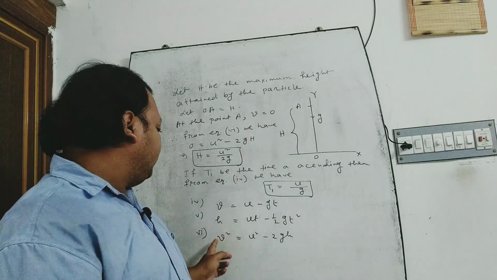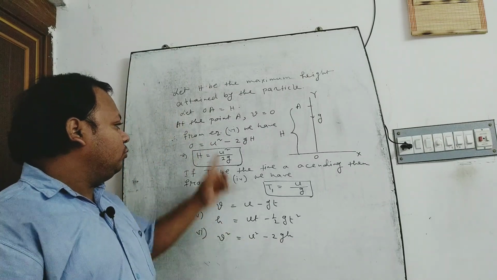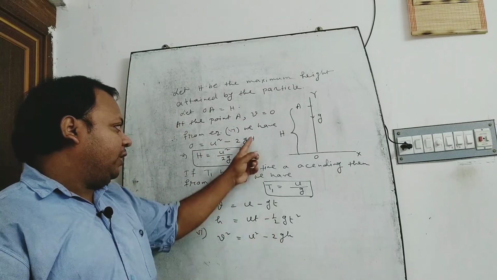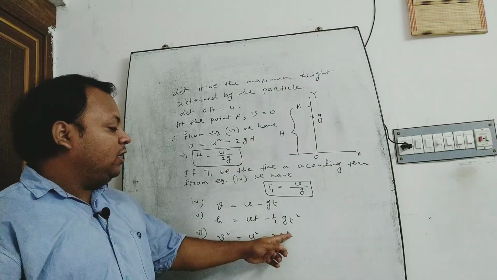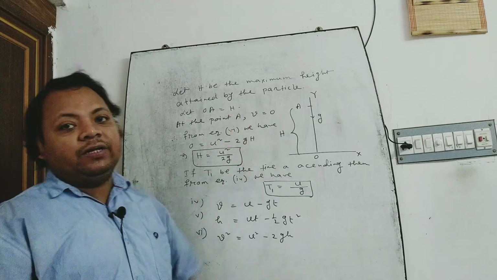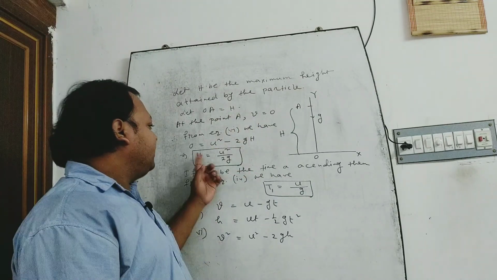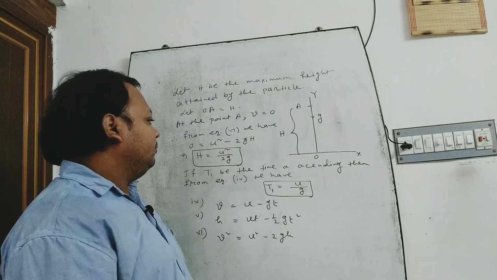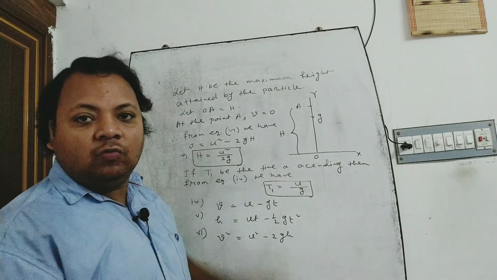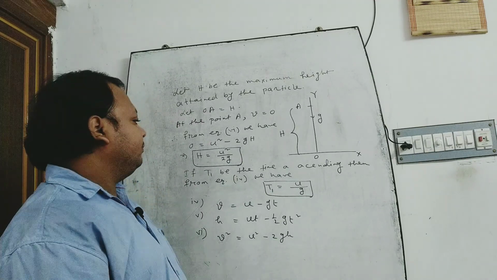Therefore, from equation 6 we can write 0 is equal to u square minus 2g capital H. Here small h is equal to capital H, the maximum height attained by the particle. Therefore, H is equal to u square by 2g. This is the formula for the maximum height attained by the particle.